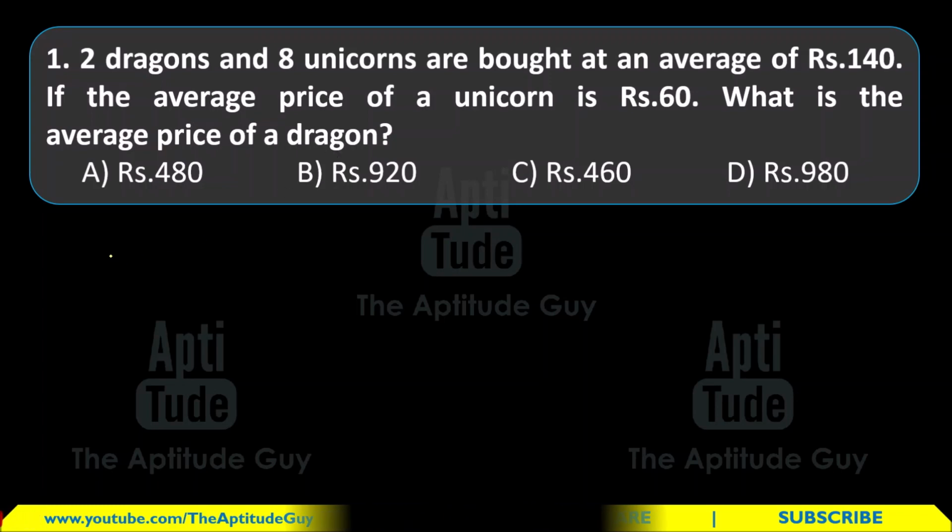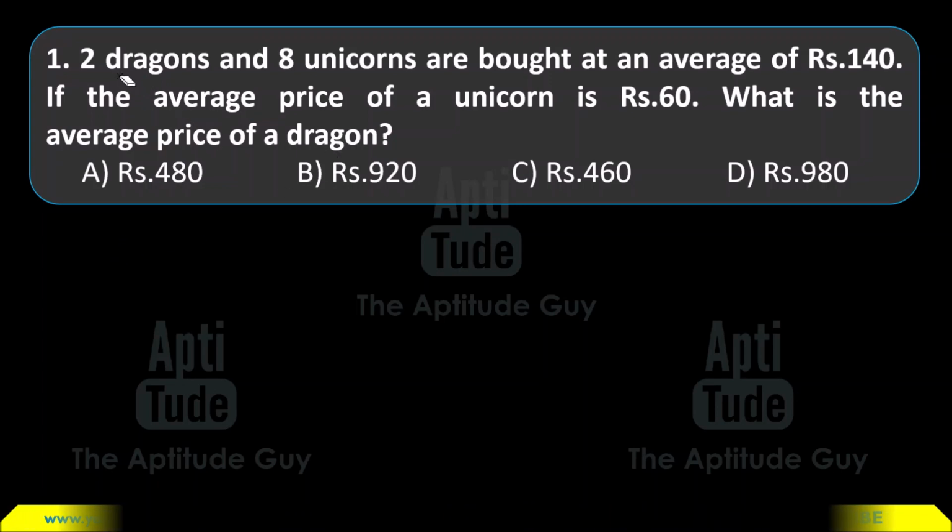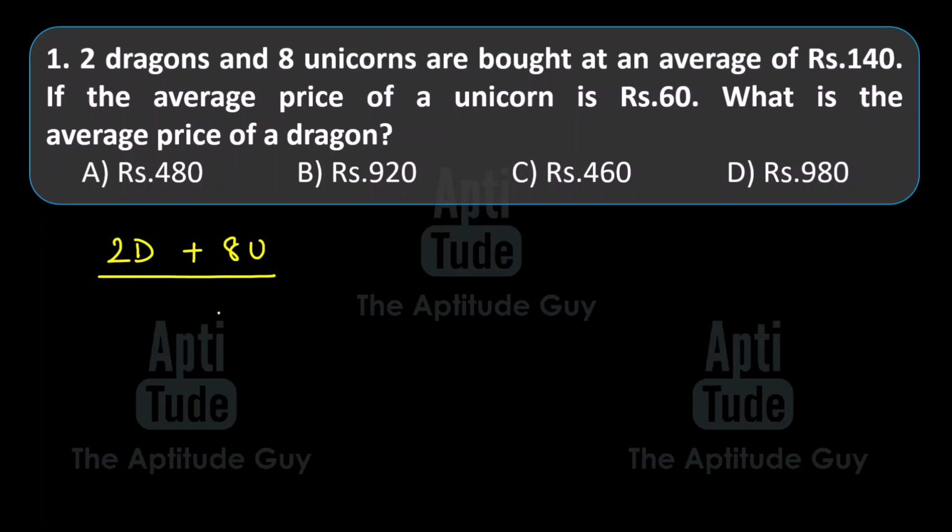Alright, pretty standard question. Let's assume that the price of one dragon is D and the one unicorn is U. So, price of both the dragons will be 2 into D, and price of all the 8 unicorns will be 8 into U. So 2D plus 8U is equal to the total sum price of all the animals divided by how many animals are there?